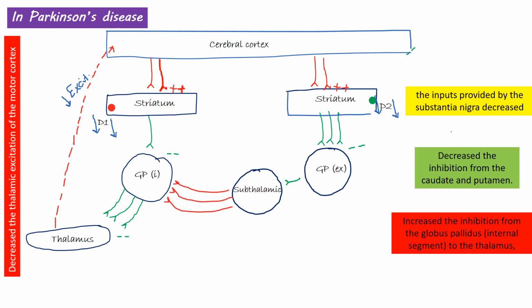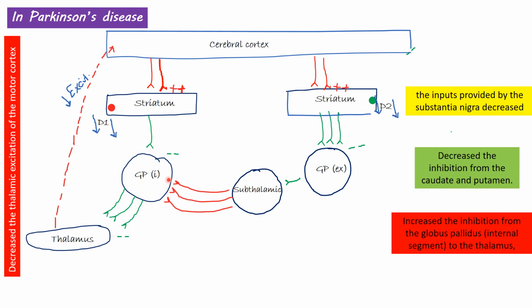The direct pathway and indirect pathway in Parkinson's disease. In Parkinson's disease, with a decrease in the dopamine secreted from the nigrostriatal fibers to the caudate and putamen, the activity of D1 receptors and D2 receptors decreases. This will produce a decrease in the stimulation of the striatum. When we decrease the stimulation of the striatum, less GABA will be secreted on the globus pallidus internal segment.